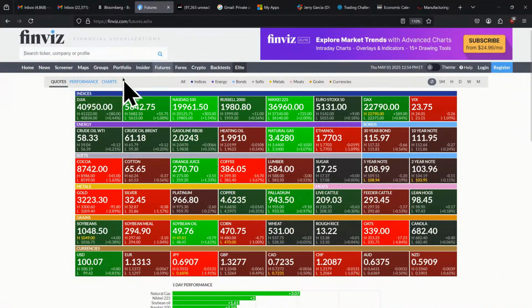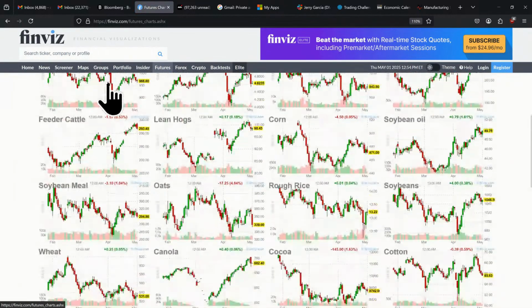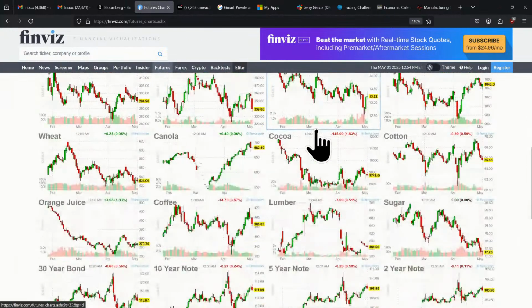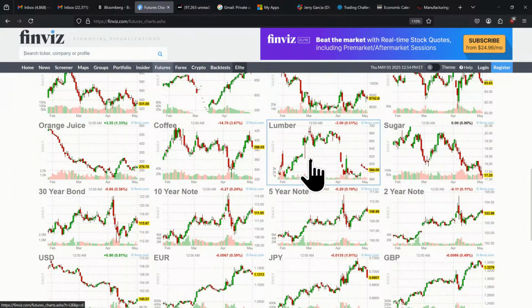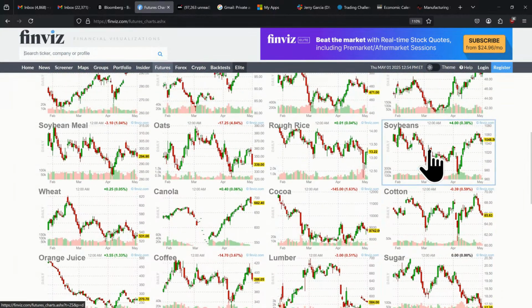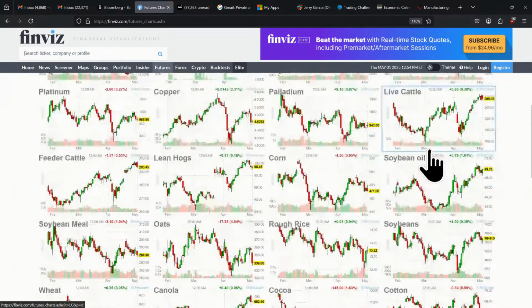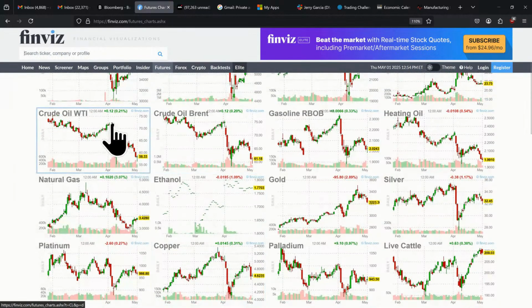Go into the commodities and check out what's happened to the commodities. Corn, orange juice. Well, you know what happened with lumber and sugar, and crude oil has gotten destroyed. Copper's gotten destroyed. So crude oil has gotten hit. I mean, a lot.